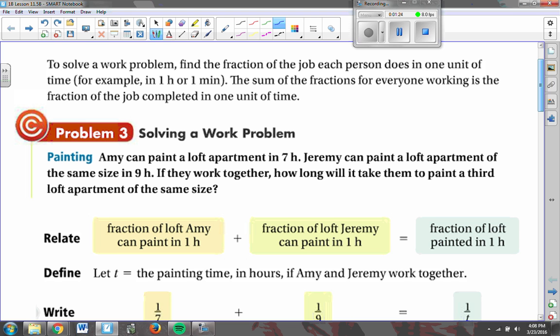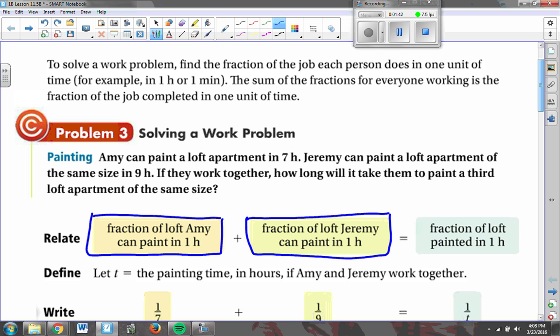Because we have to think of this problem in terms of how much apartment each one can paint in 1 hour. So we relate the fraction of a loft that Amy can paint in 1 hour with the fraction of a loft that Jeremy can paint in 1 hour with the fraction of the loft that they can together paint in 1 hour.